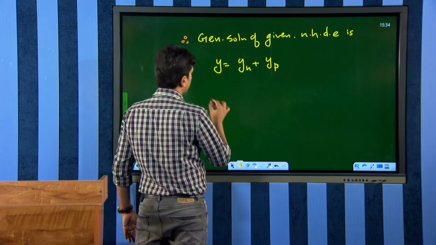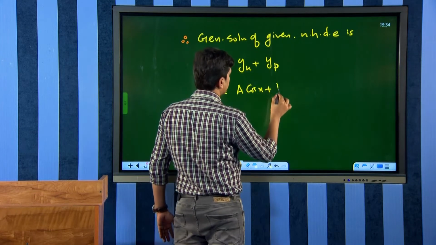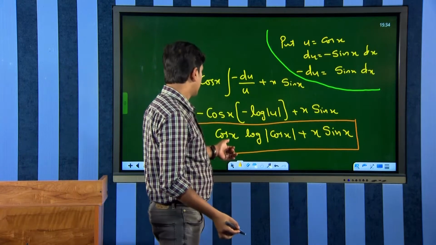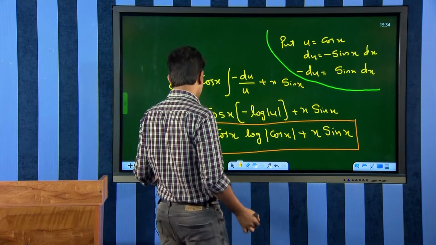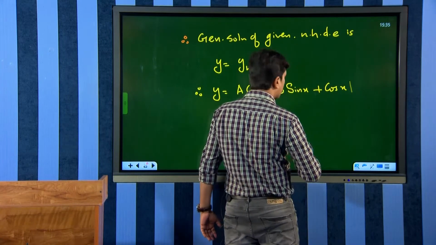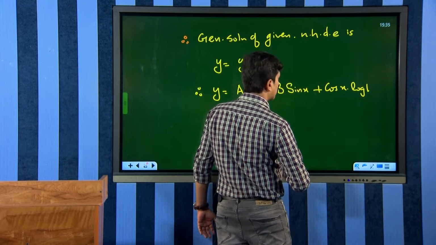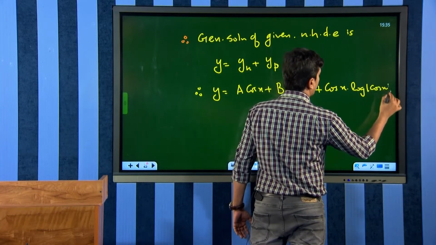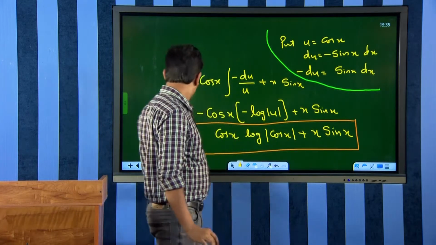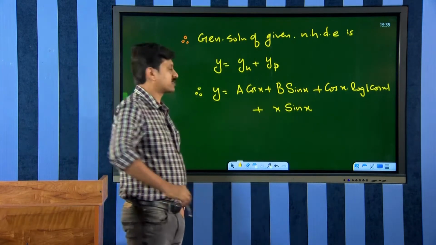Therefore, y is equal to a cos x plus b sin x, and again we have the yp, cos x into log mod cos x, plus x sin x.